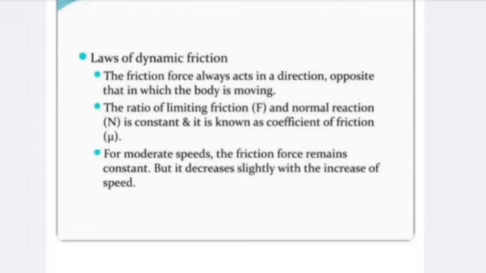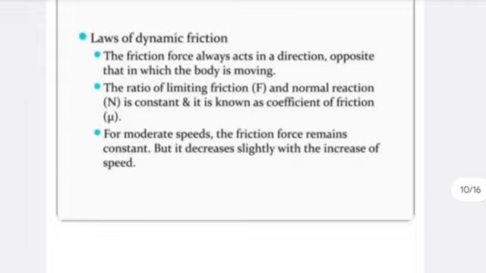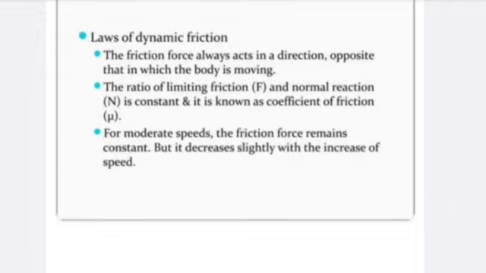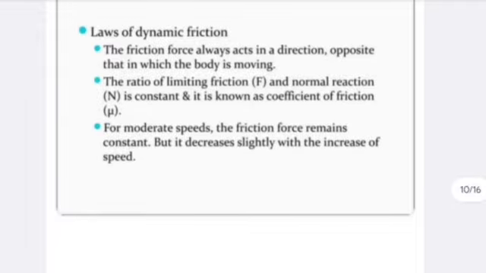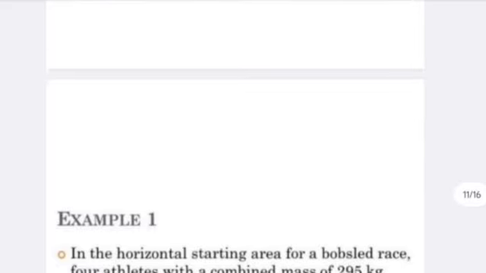The ratio of limiting friction F and the normal reaction is constant, and it is known as coefficient of friction mu. For moderate speeds, the friction force remains constant, but it decreases slightly with the increase of speed.